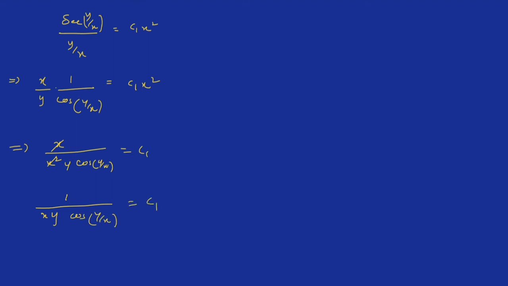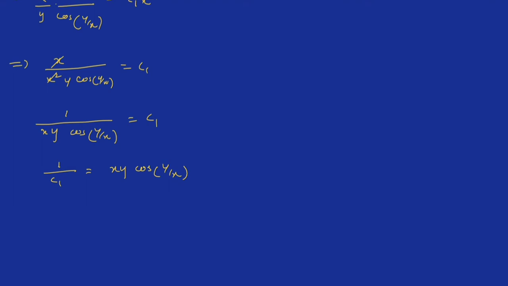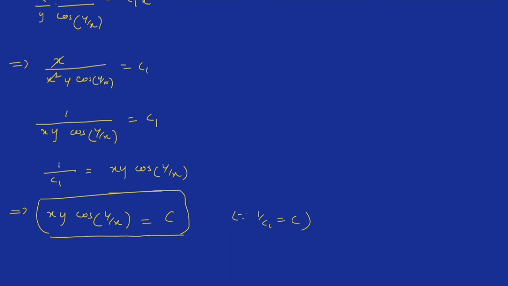So this term taken to the RHS becomes 1 by c1, which is equal to xy cos of y by x, right? So now 1 by c1 can be written as c, so finally we can write it as xy cos of y by x equals c, because 1 by c1 is what we are taking as c. Hence it is nothing but our final solution of differential equation 1, right? It is the required solution. Similarly, we will see the next example.